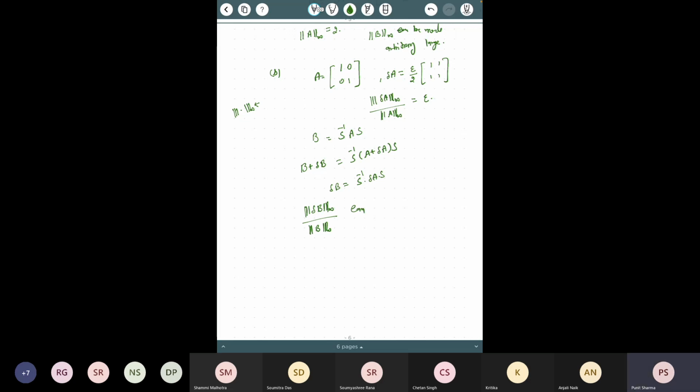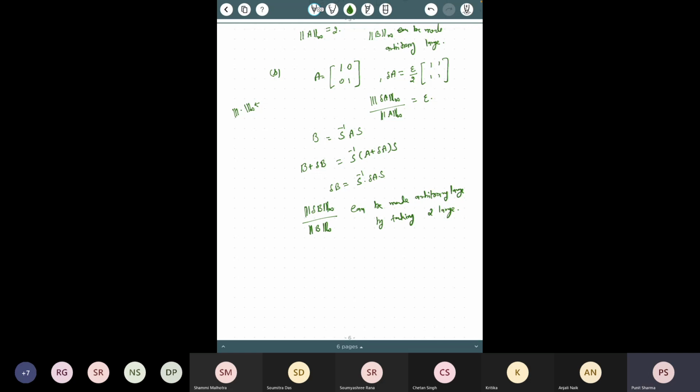So this can be made arbitrarily large by taking alpha large.